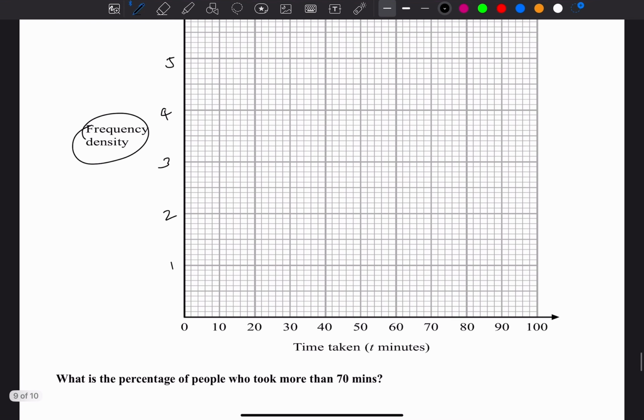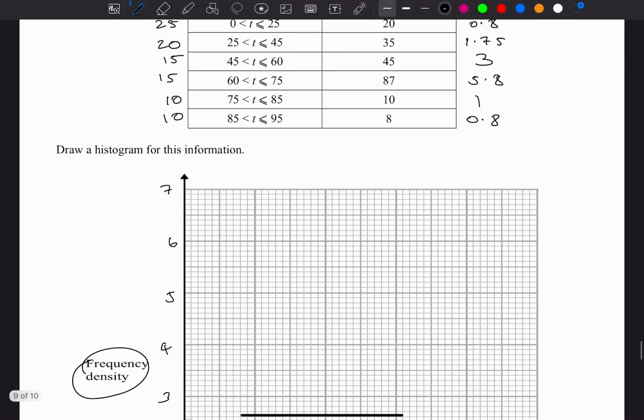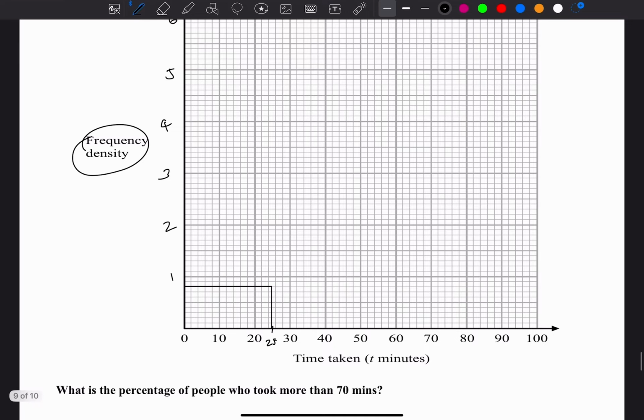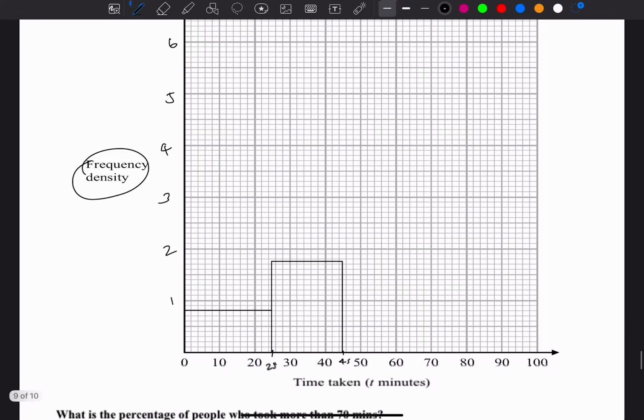0 to 25 is 0.8. There you go. Then 25 to 45 is 1.75, so in the middle. Okay, you have to draw accurately anyway. 45 to 60 is 3.